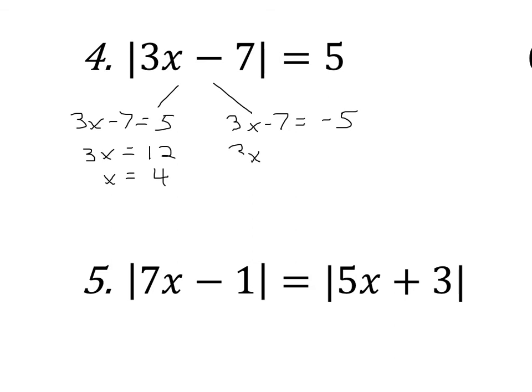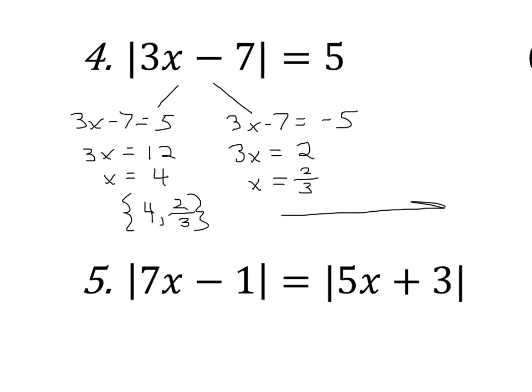Adding 7 on both sides and dividing by 3 on the right, we get x equals 2/3. So you write this as a solution set, not an interval. You don't include brackets or parentheses. And then you draw a number line and you plot those points. You can say that's 2/3 and that's 2.